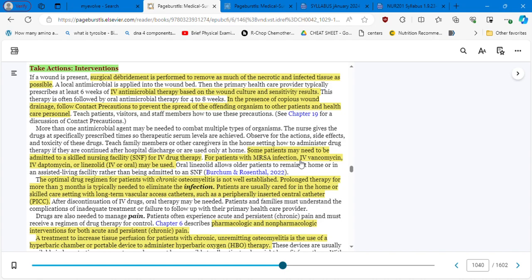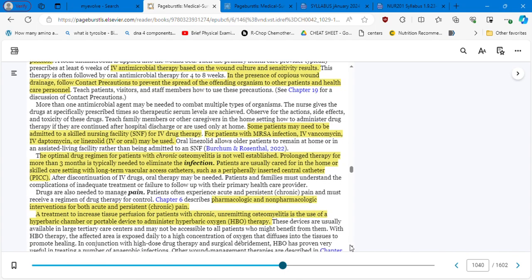Some patients may need to be admitted to a skilled nursing facility for IV drug therapy. For patients with MRSA infection, IV vancomycin, IV daptomycin, or linezolid IV or oral may be used.